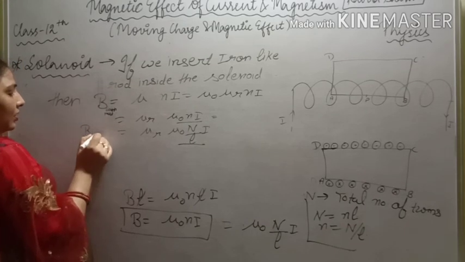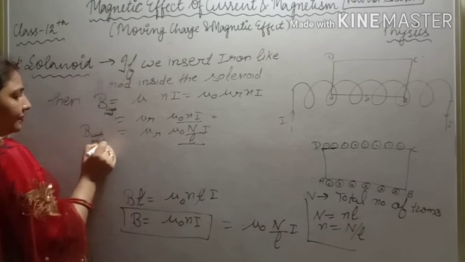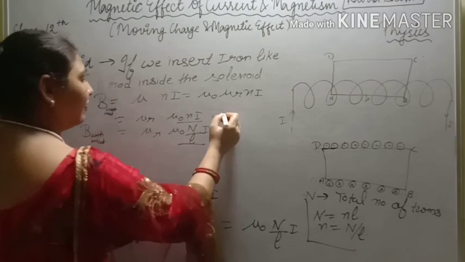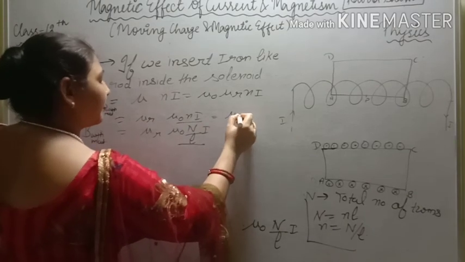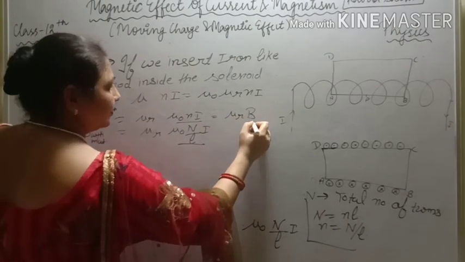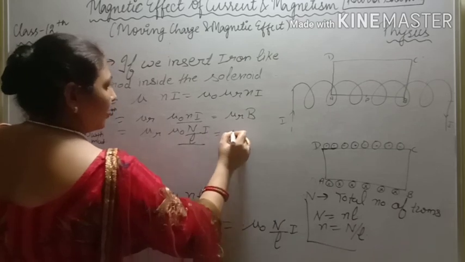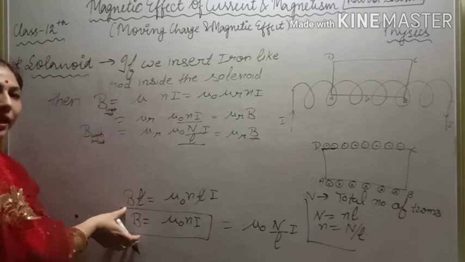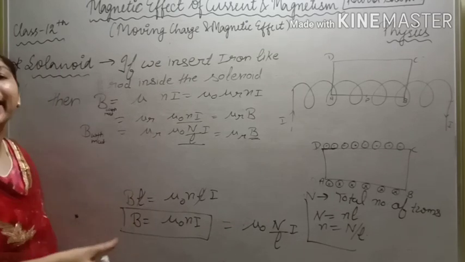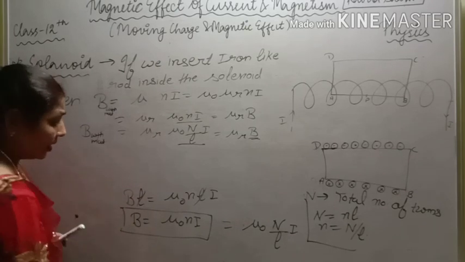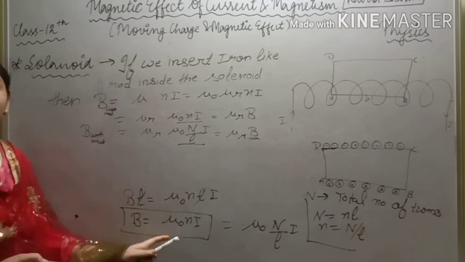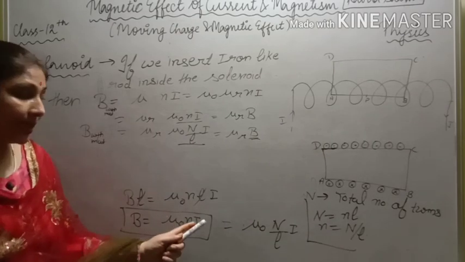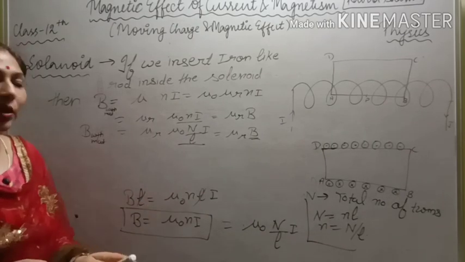B with material, okay, this will be equal to mu R B. और यहाँ पर ये B कौन सा है, ये B इक्वल टू म्यू नॉट एन आई. राइट, नाउ ये आपका वह थी मैग्नेटिक फील्ड स्ट्रेंथ, जब हमने इनसाइड द सोलेनॉइड बात की है.